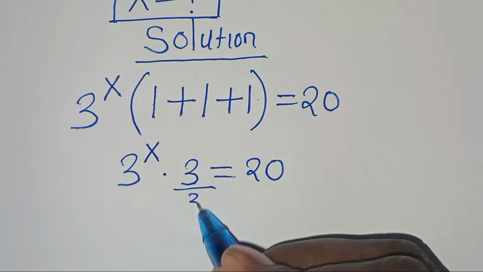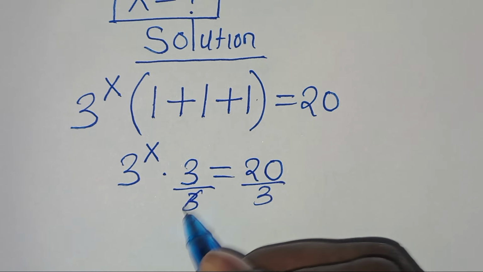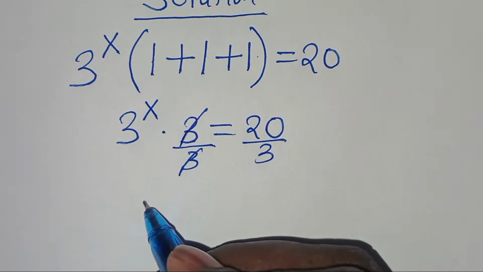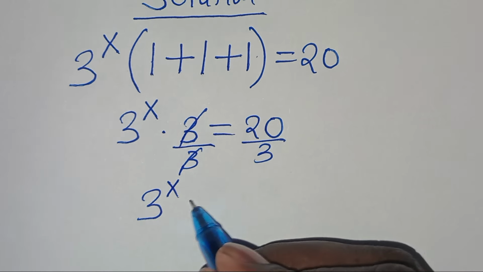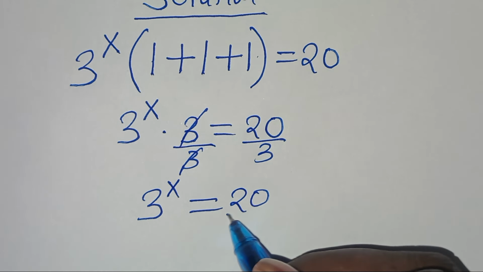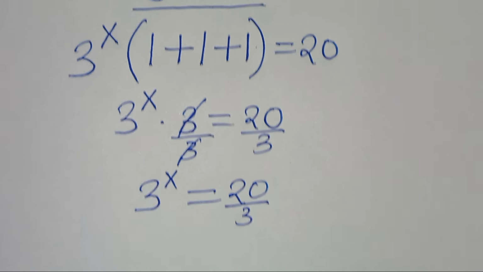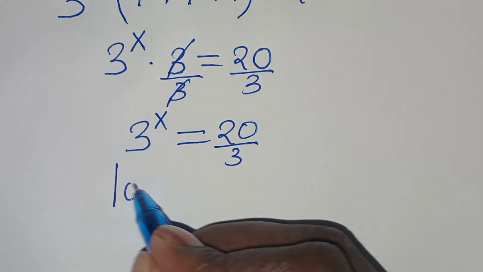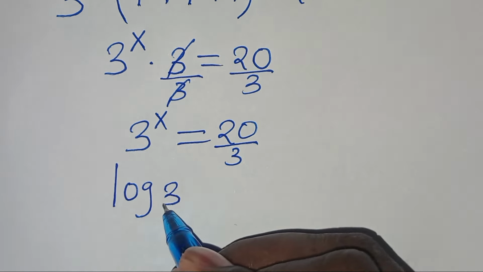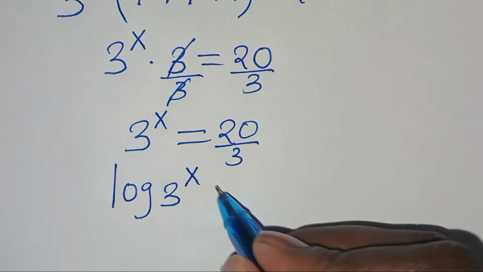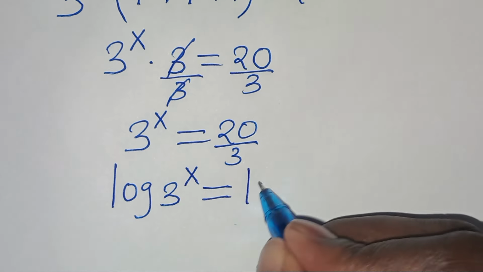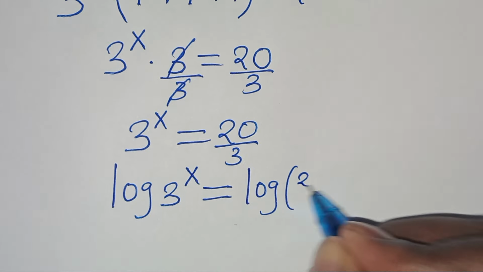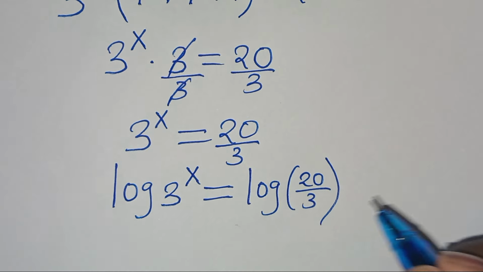So let's divide both sides by 3, so that now 3^x is equal to 20 over 3. To solve for x here, let's introduce logarithm on both sides. We have log 3^x is equal to log 20 over 3.